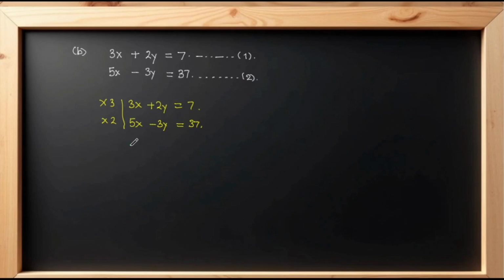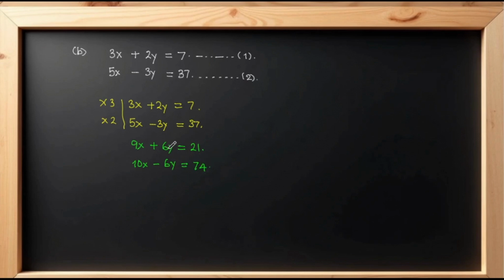So we have 3 by 3, we get 9x, plus 3 by 2 making 6y, equals 3 by 7, we get 21. Remember, this number multiplies all these 3 terms, left hand side and right hand side. So 2 by 5, we have 10x. And then 2 by negative 3, we get negative 6y, equals 2 by 37, we get 74.